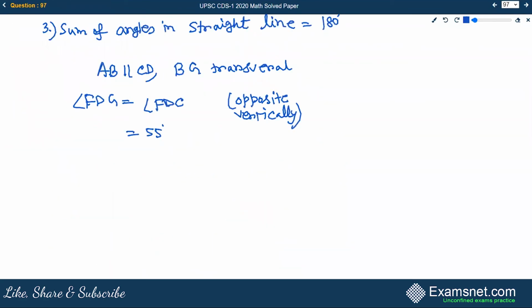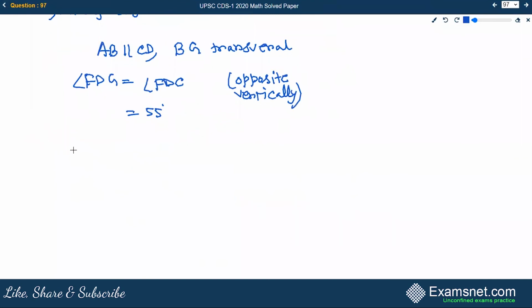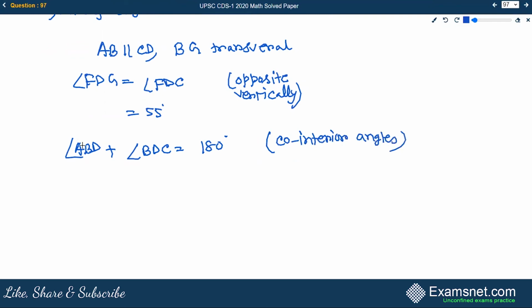Now we can say angle ABD and angle BDC, the sum of these two angles is 180 degrees. Why? Because they are co-interior angles. Okay, not FDC, it should be BDC.